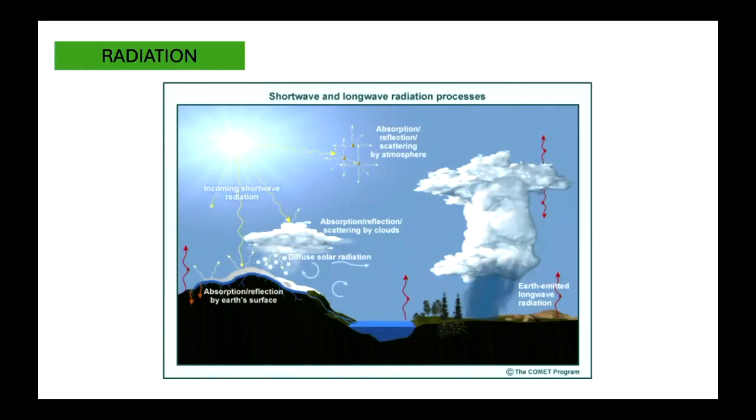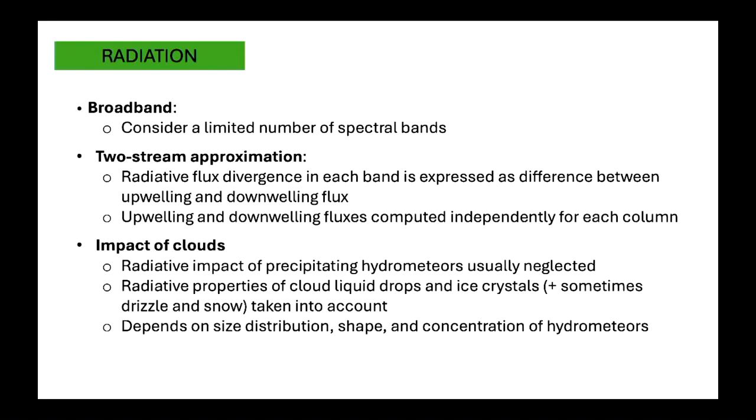And then very quickly on the radiation, once again, that's the parameterization scheme that tries to describe the interaction between the shortwave and longwave radiative transfer in the atmosphere and how it interacts with the environment, including clouds and aerosols.